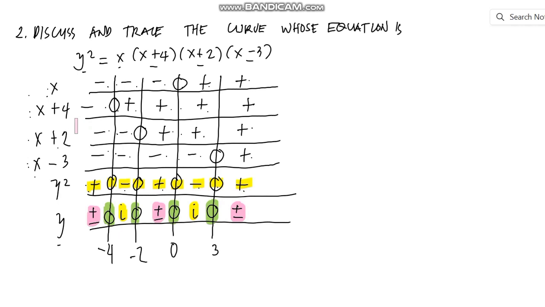This is very evident since, if we inspect our equation and change the value of y into negative y, our equation will not change. So our curve is symmetrical with respect to the x-axis. If we change the value of x into negative x, our equation would change, so there is no symmetry with respect to the y-axis, and the same, no symmetry with respect to the origin.